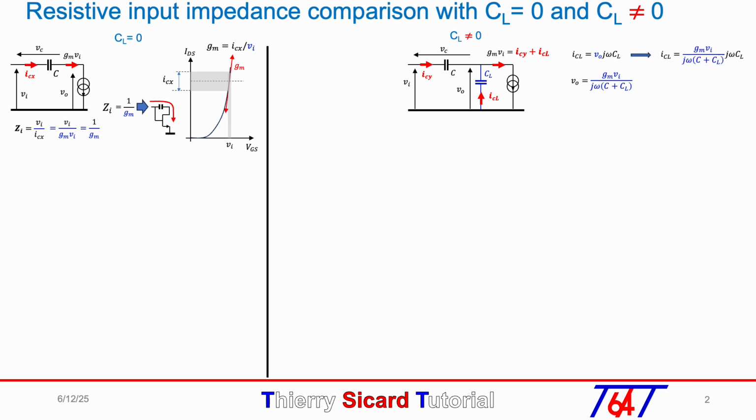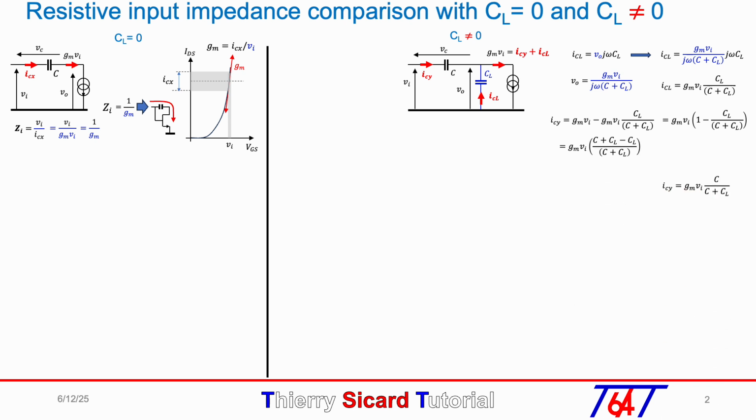Replacing Vout in the ICL equation, we will get the equation where the Vout term is in blue. After arrangement, we will get ICL as Gm times Vi multiplied by a capacitor ratio. As the current Gm times Vi is the sum of both capacitor currents, the input current ICY is equal to Gm times Vi multiplied by 1 minus CL over C plus CL.